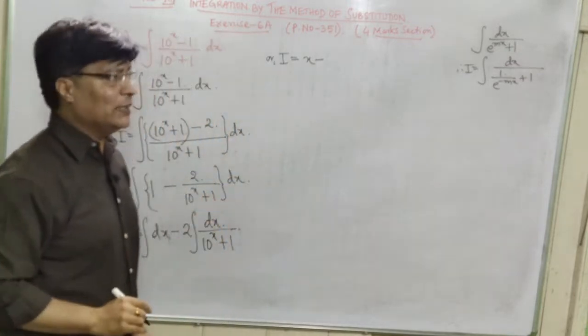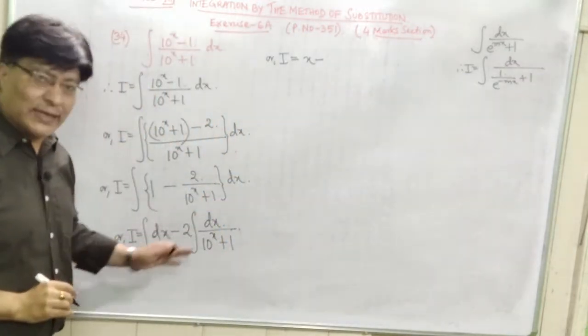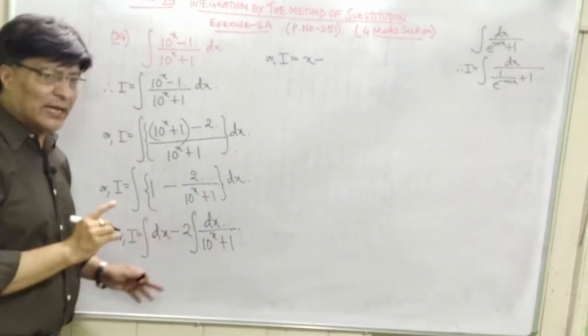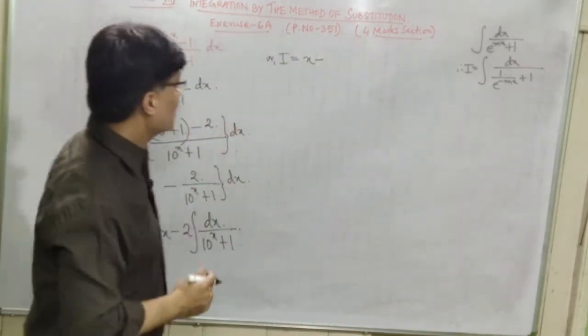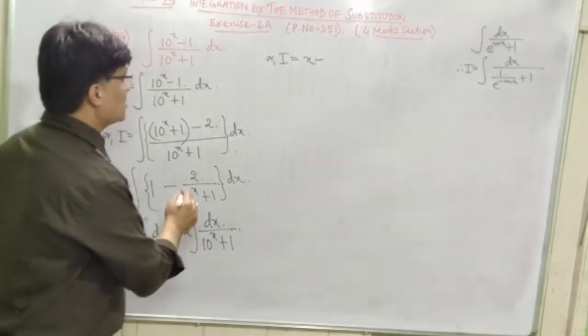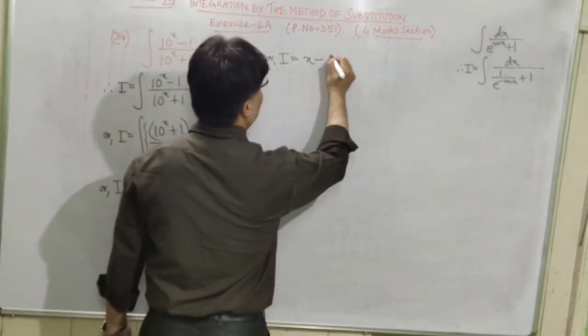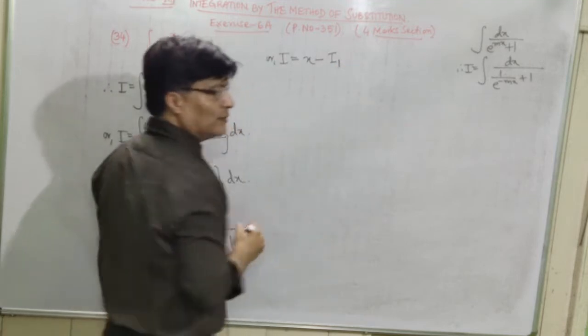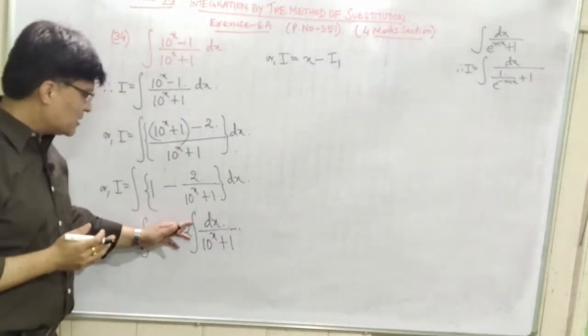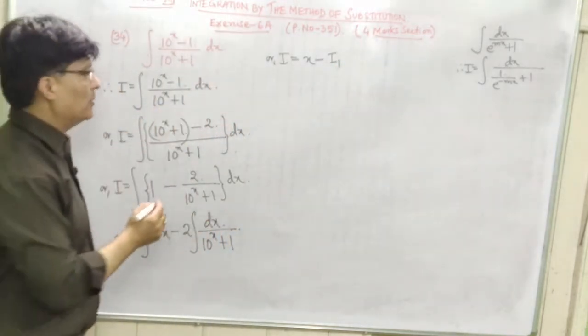So likewise, you have to do this problem. That is your second integration can be done with the help of this method. Okay. So now I is equal to x minus, let us write this second integration as I1.